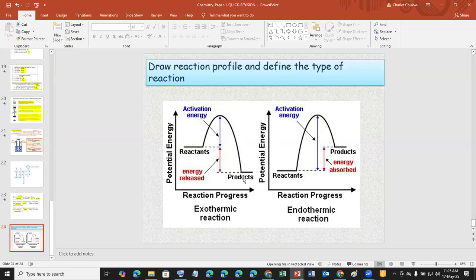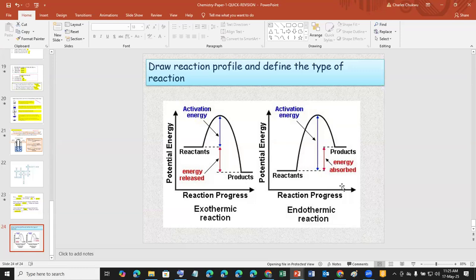Again, the formula for calculating the energy of a reaction is heat of products minus heat of reactants. If you trace the heat of products back to the y-axis, you see that it is at a lower level than reactants, which is at a higher level. And a smaller number minus a bigger number will give you a negative answer.